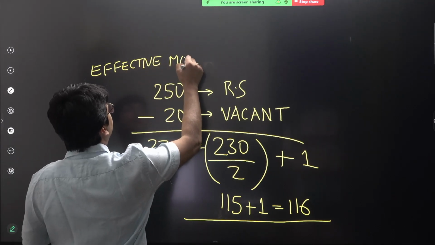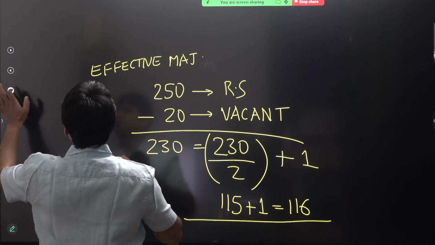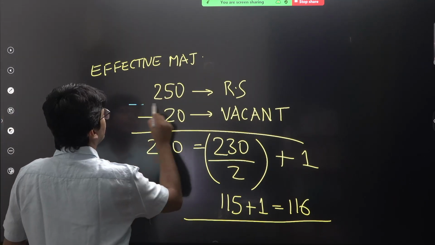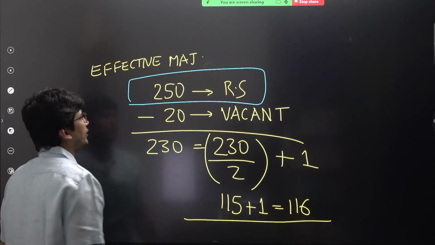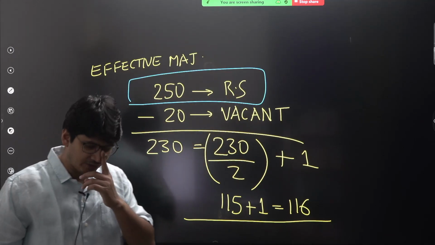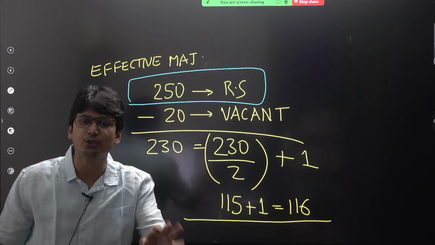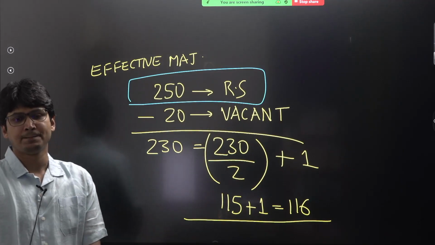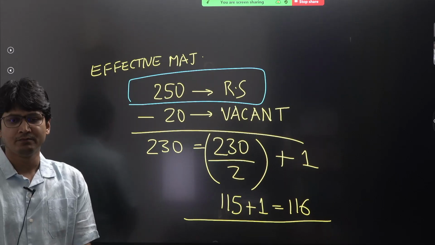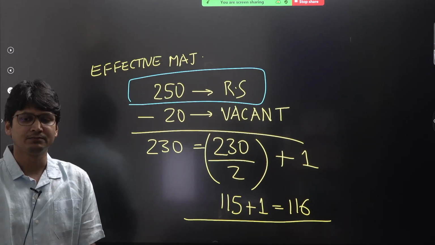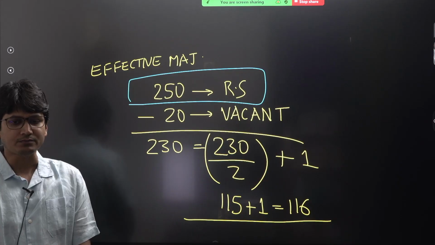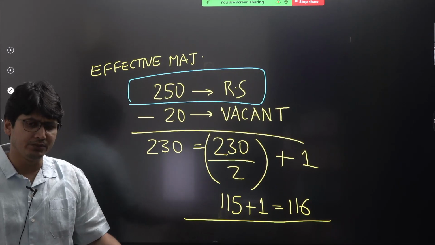Please quickly calculate the absolute majority for this number. If Rajya Sabha has 250 members, then what would be the absolute majority for Rajya Sabha? Quickly. This is pure CSAT, nothing else. And I'll tell you why I'm discussing this.